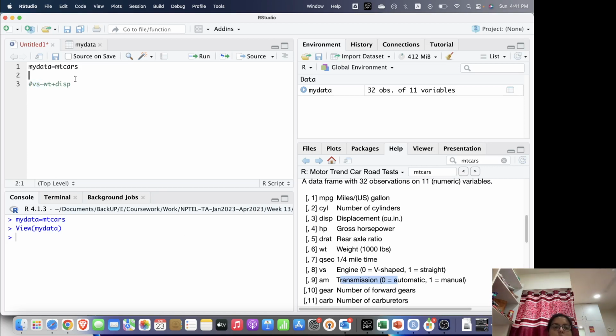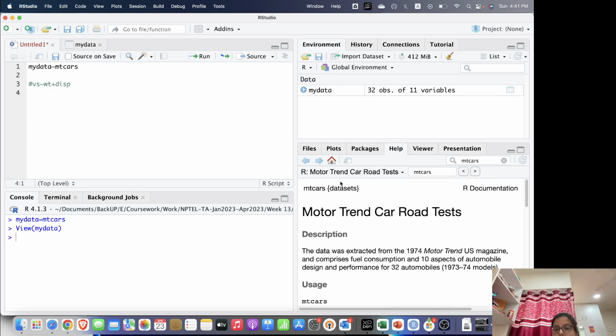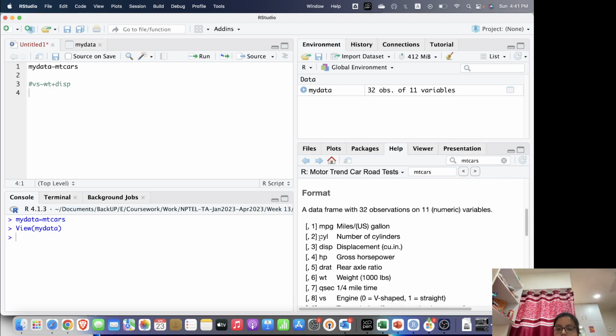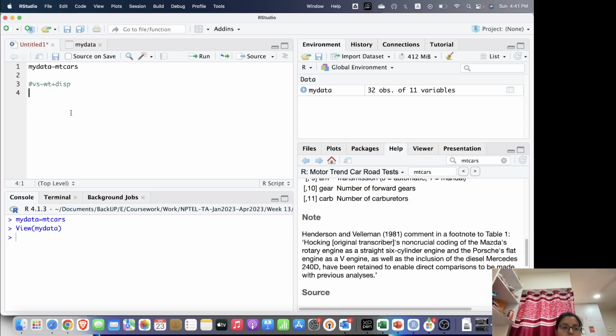Okay, so here I won't be able to fit a linear regression, but what I can do is fit a logistic regression. So in order to do that, what I have to do first is, okay, so this is with datasets, this is fine.